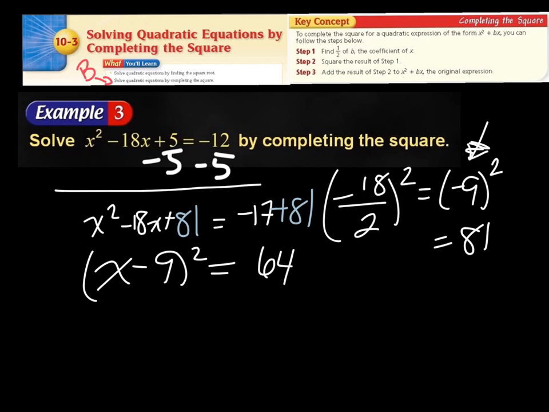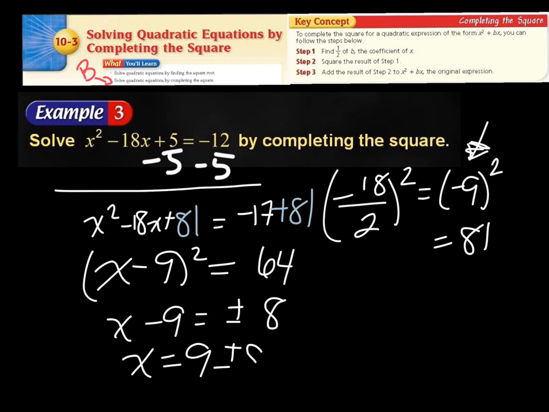Now that it is a perfect square, I can take the square root of both sides, so I have x minus 9 equals plus or minus 8. Add 9 to both sides, so x equals 9 plus or minus 8. 9 plus 8 is 17, and 9 minus 8 is 1.